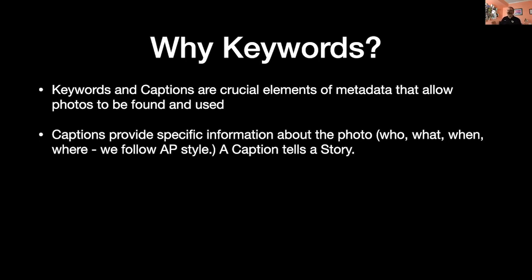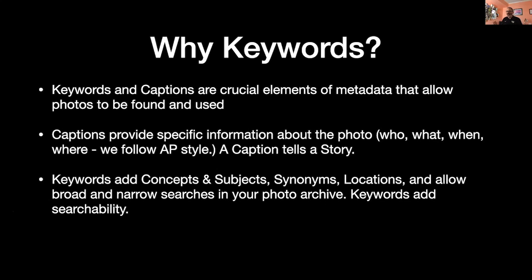A good caption is crucial, but keywords extend the usability of your metadata. Keywords add lots of other options to your metadata, like conceptual ideas or specific subjects or synonyms, locations. They allow you to broaden your search and also narrow your search depending on what you're looking for. So captions tell a story, keywords add searchability.